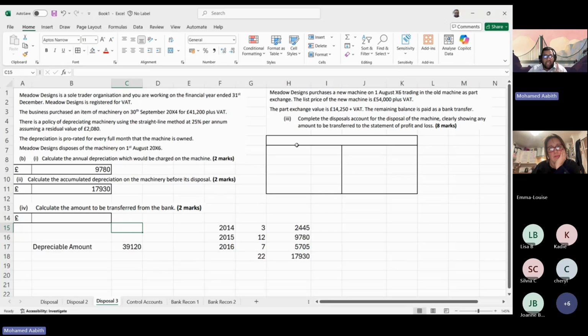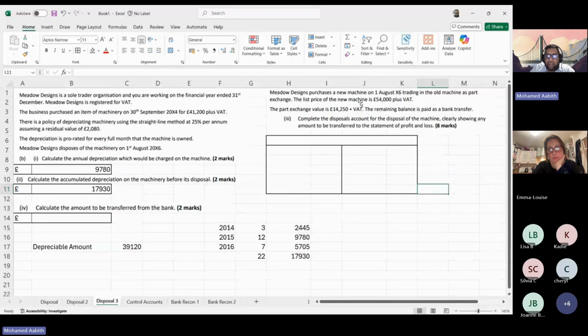So they're saying here, part 3, which is on this side, Meadow Designs purchases a new machine on 1st of August 2016, trading in the old machine as part of the exchange.